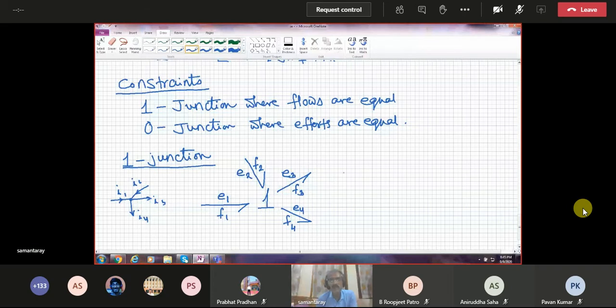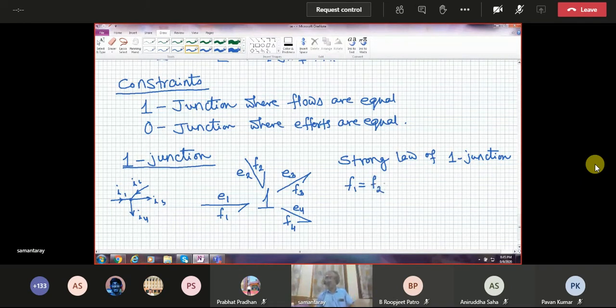So now, what we know is definition of this junction. That is called strong law of one junction. What do we have here? Flows are equal. So I will write F1 equal to F2 equal to F3 equal to F4. So that is my strong law of the one junction. Very simple. Okay. That all flows are same.